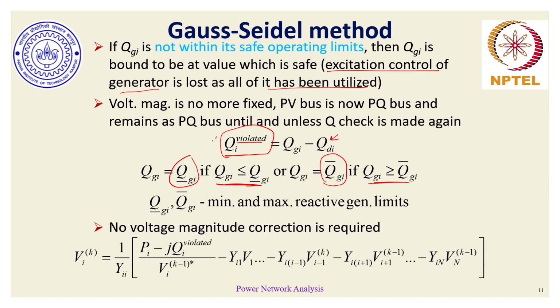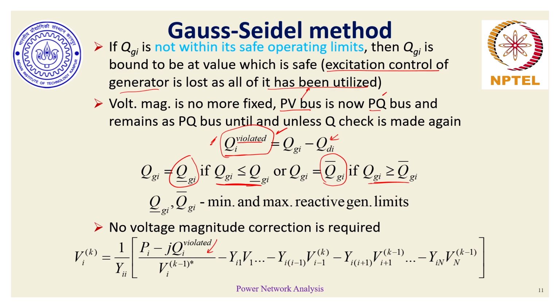And we use this QI violated as it is in the Gauss-Seidel update equation, and then find the voltage phasor for this converted PV to PQ bus. Why does this conversion happen? Because the PV bus has lost its reactive power generation handling capability. It is called a PQ bus because Q is now specified for this converted bus.